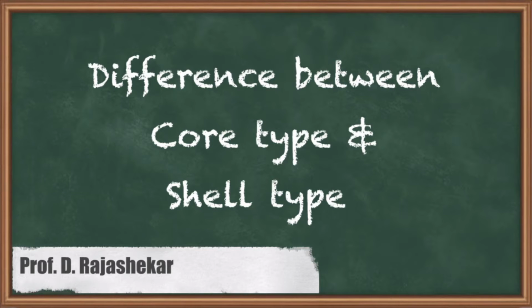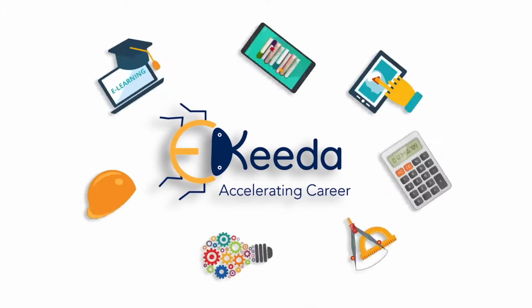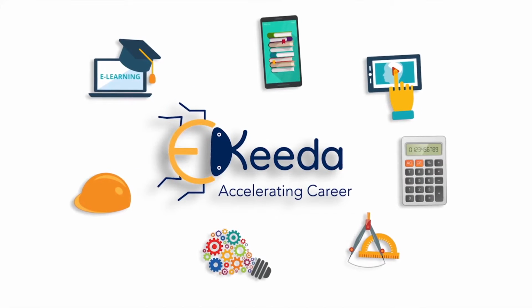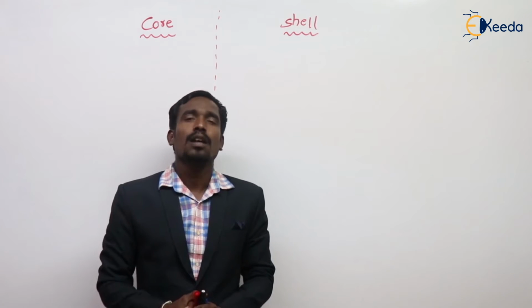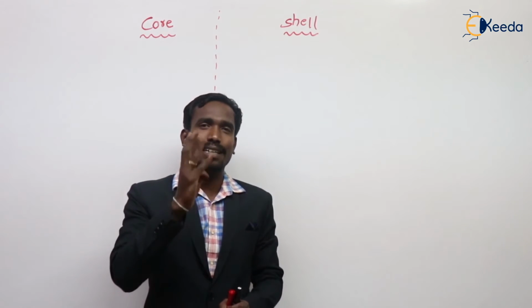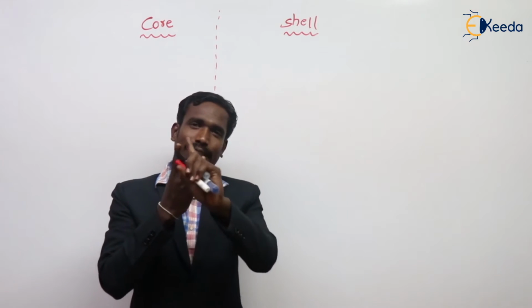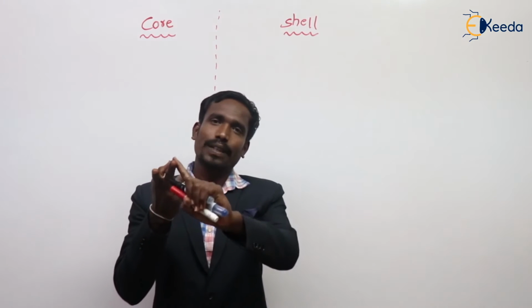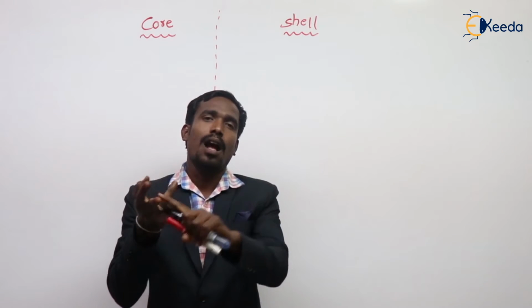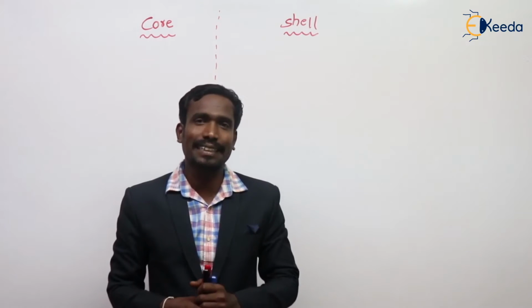In this video, we are going to differentiate core type transformer and shell type transformer. Generally, transformer cores are of three types. One is the core type, next one is the shell type, and third one is the berry type of core.